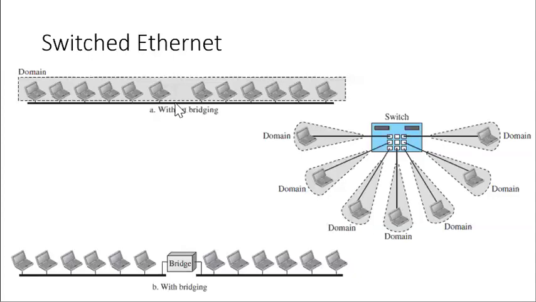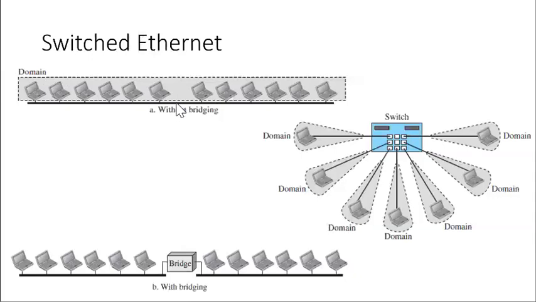In order to use this cable, all the devices in this network have to compete with each other. For example, here we have 2, 4, 6, 12 computers, so 12 computers have to compete with each other in order to use this cable.